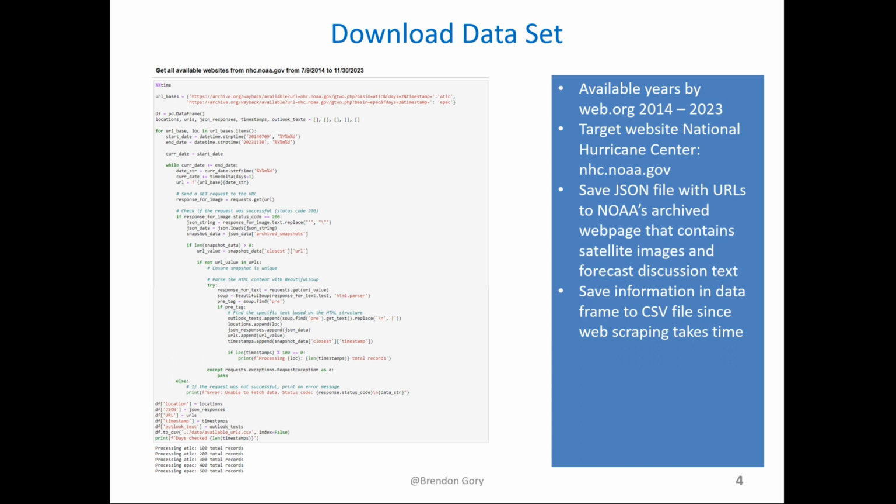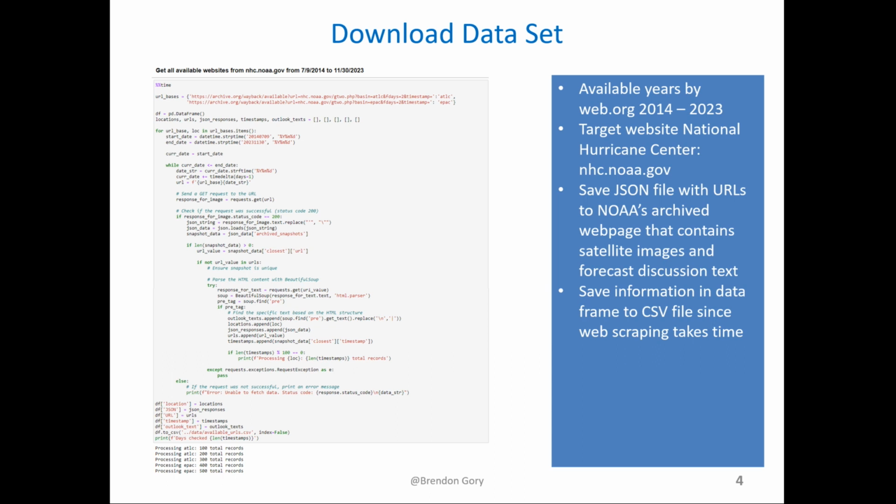We want to use this because nhc.noaa.gov does not archive their images. If we were to go to the website now, it's just going to have the current radar, but not a radar going back for 8-10 years as we are doing for this project.